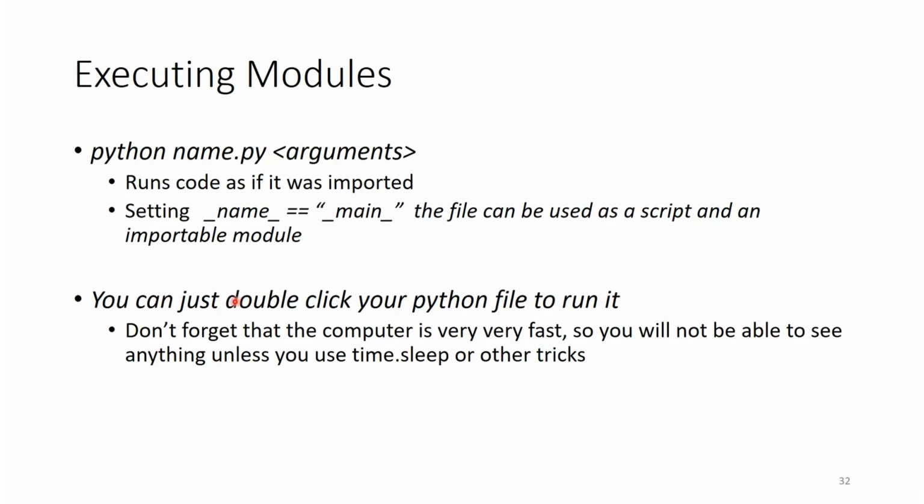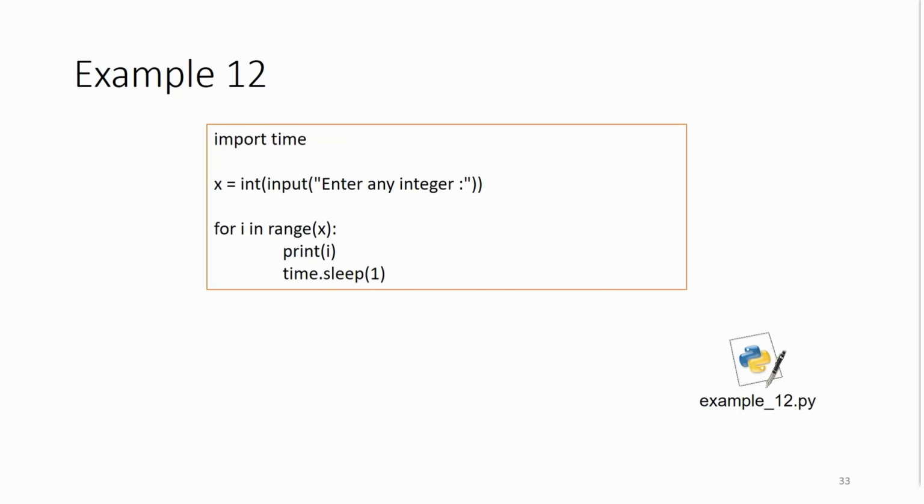Now you can just double click on your Python file if you have the Python environment on your computer. Don't forget that the computer is very fast, so we will need some kind of a function to slow it down so that we can see what happened to that code. Here we have an example, example 12.